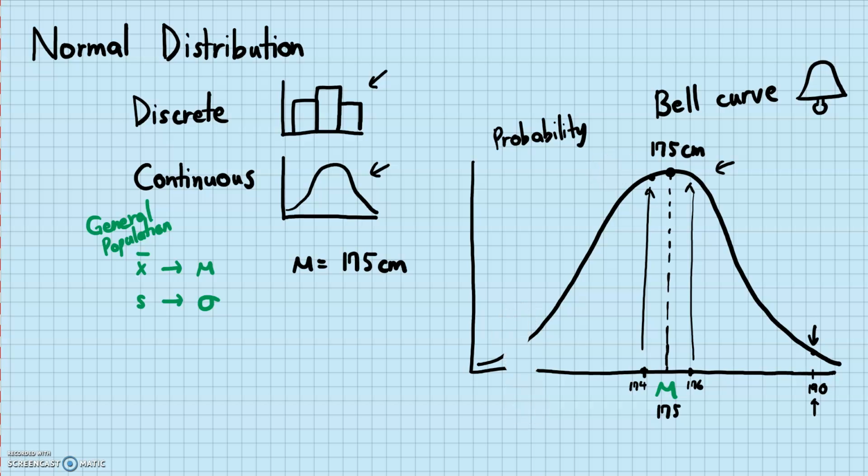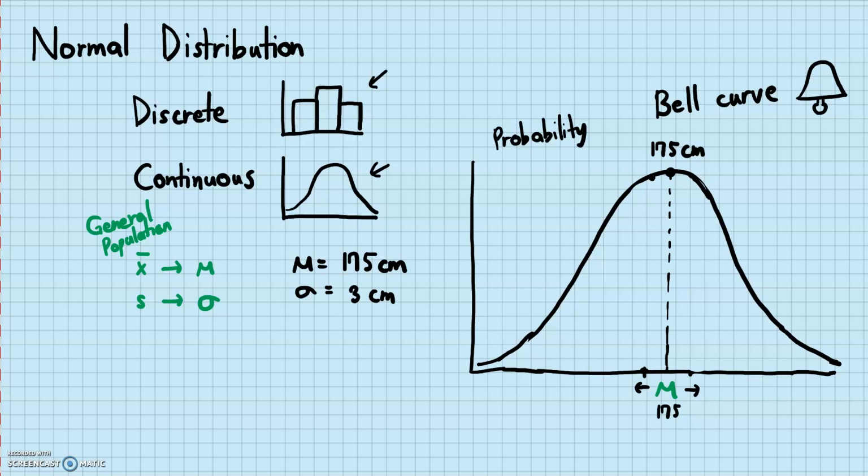Okay, let me clean this up. All right, so now let's look at standard deviation. How does standard deviation play a role in here? So let's say that our standard deviation is 3 centimeters. Okay, then usually when you move to the side from the mean, you move by standard deviations.